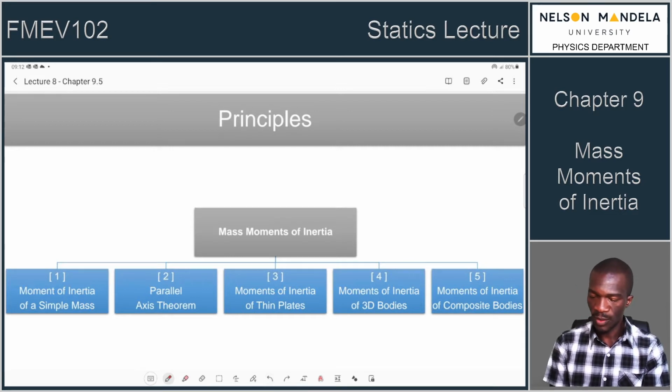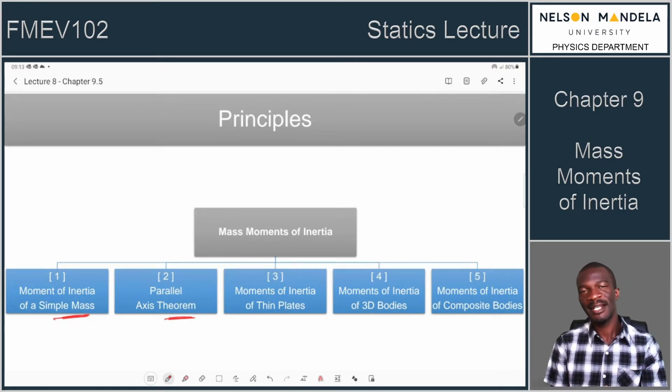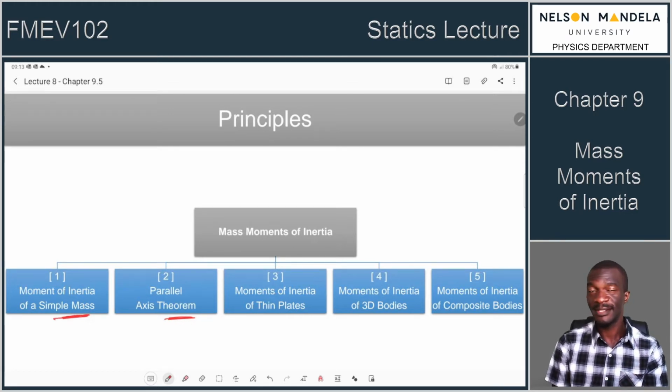Right, so for us to look at mass moments, we will look at simple masses, right? Mass moment of inertia of a simple mass, and then we will extend to the parallel axis theorem. The parallel axis theorem, we had already introduced it in terms of the moment of inertia about the x and y axes or other axes, and we also had it for the product of inertia. So now we are just re-looking at it in terms of the mass moments.